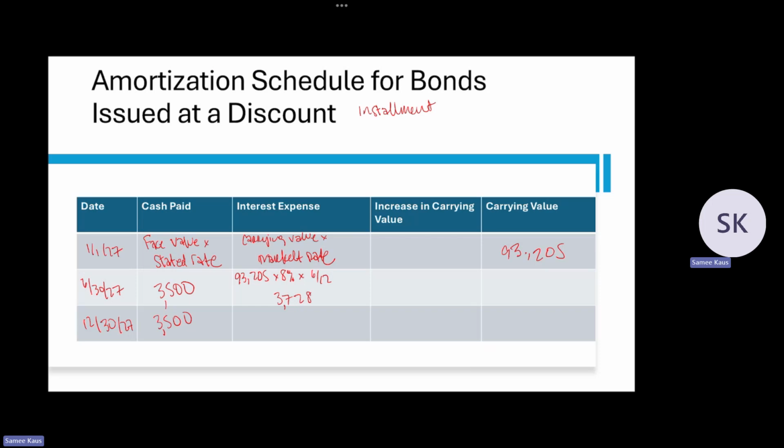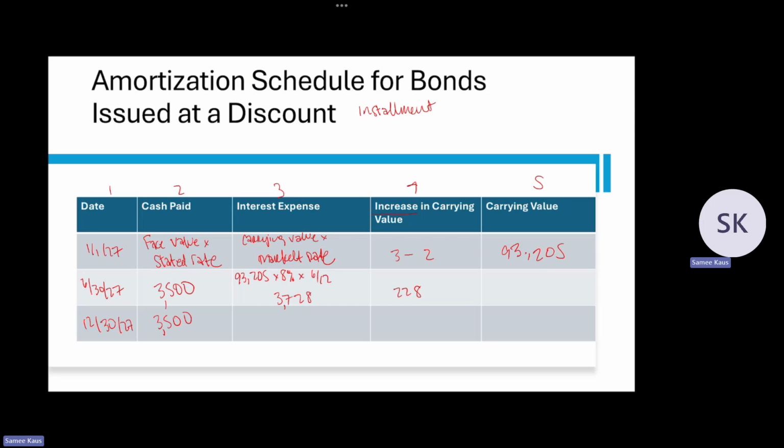So how much did I increase my carrying value by? How much am I driving that bond payable up by? 228, the difference, right? So if I think about this as like 1, 2, 3, 4, and 5, well, here I just have 3 minus 2, my interest expense minus my cash paid.